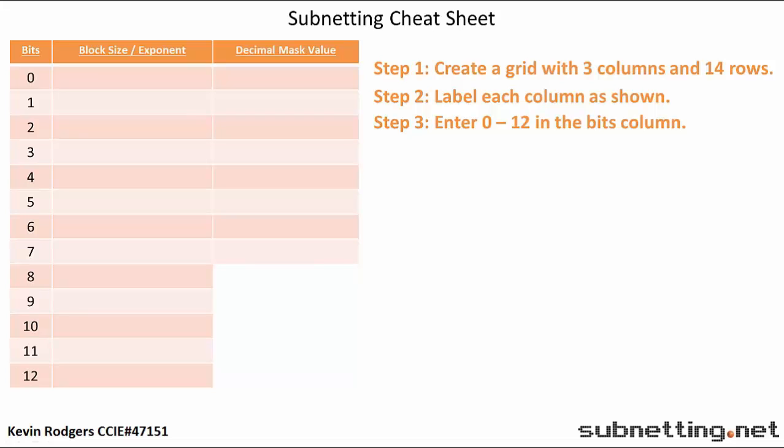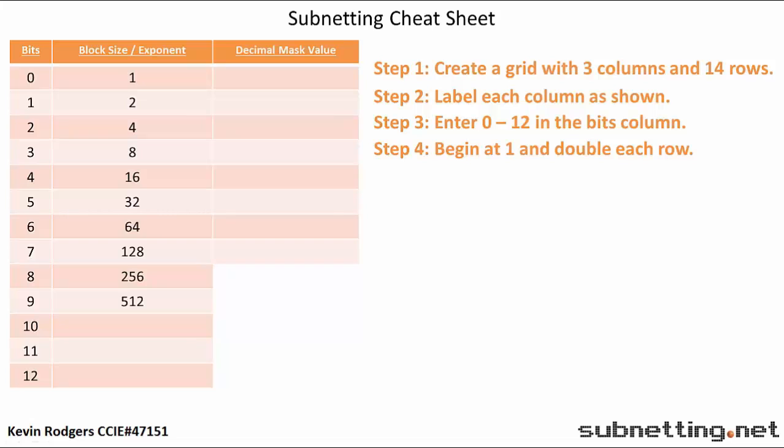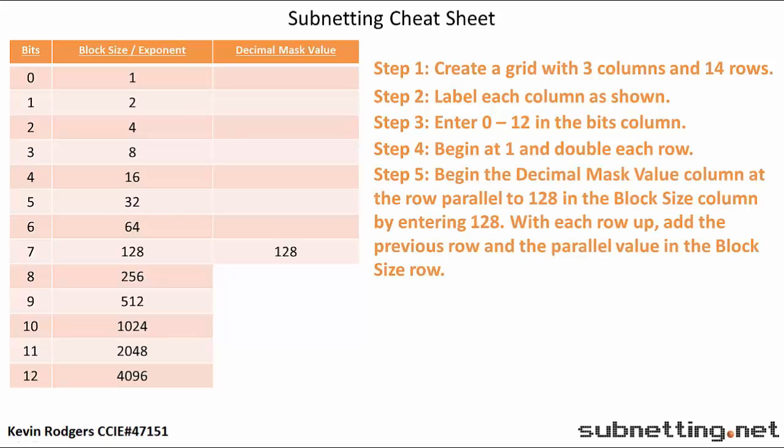For the block size / exponent column, begin at 1 and double each row all the way down. So 2, 4, 8, 16, 32, 64, 128, 256, 512, 1024, 2048, and 4096. Finally, for the decimal mask column, start at the row parallel to 128 in the block size column and enter the number 128.